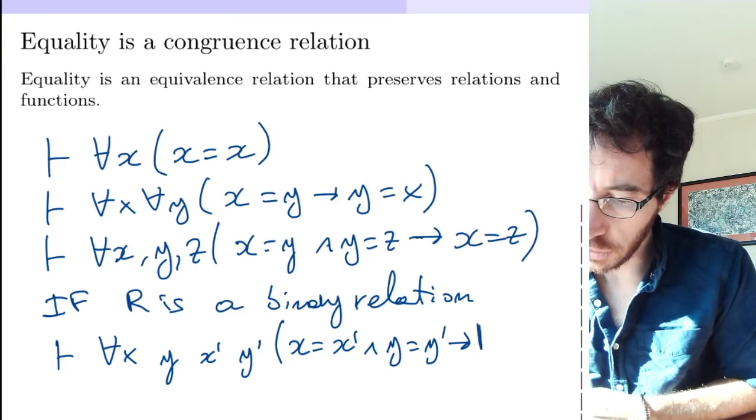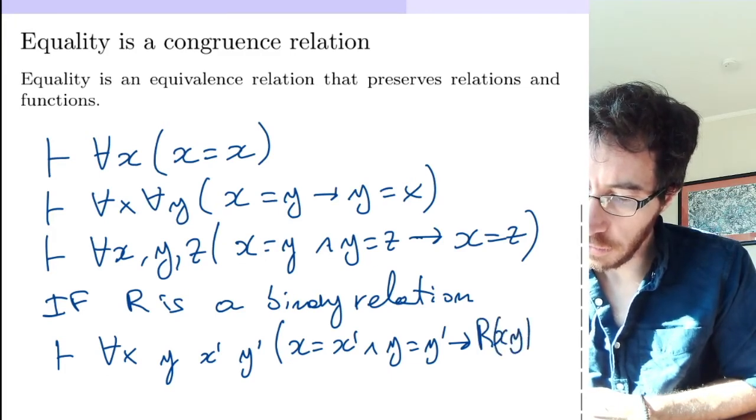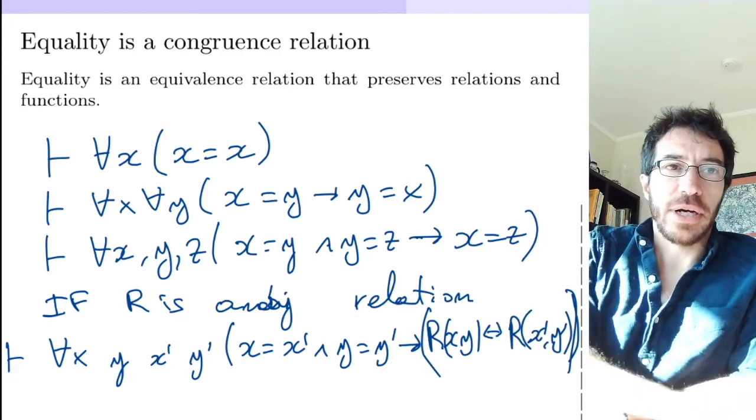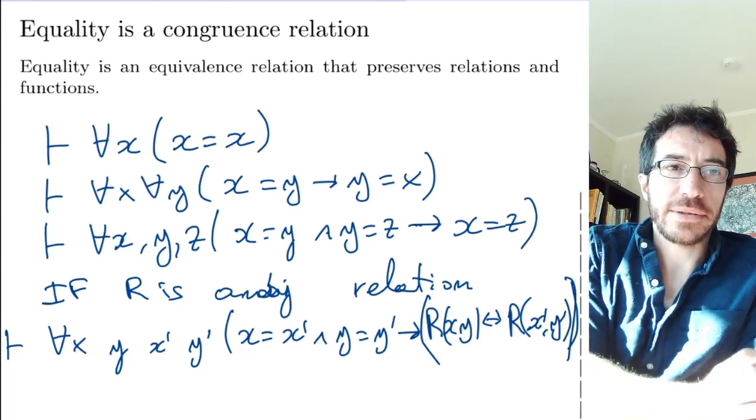So R holds of x, y if and only if R holds of x prime, y prime. So the relation behaves the same way if you replace things by things that are equal.